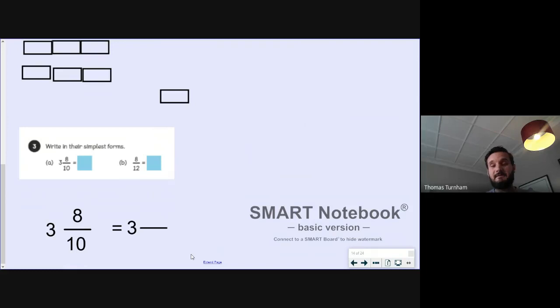If I divided 8 by 4, that would be 2, and if I divided 12 by 4, that would be 3. So 2 thirds would be the simplest form. Don't worry if you went straight for 4 over 6. Totally understandable. It's a trick question to see if that's what you would do. You've got to remember not to always assume that halving is going to be the way to find the simplest form.